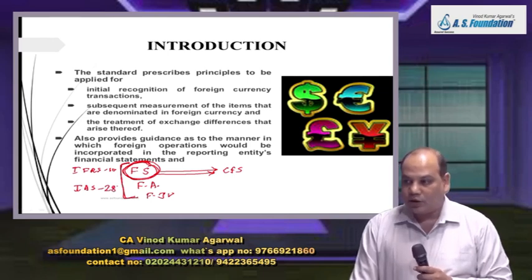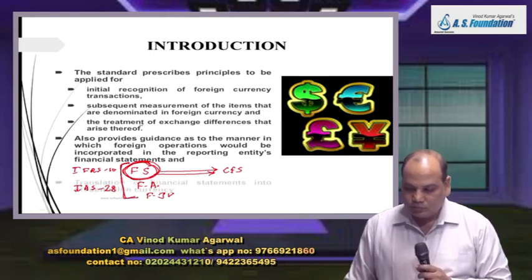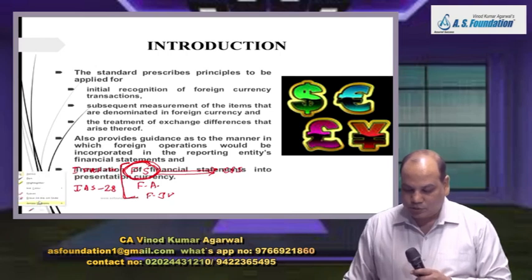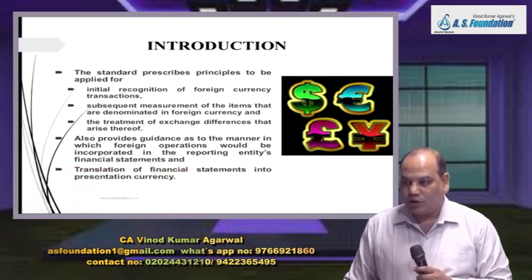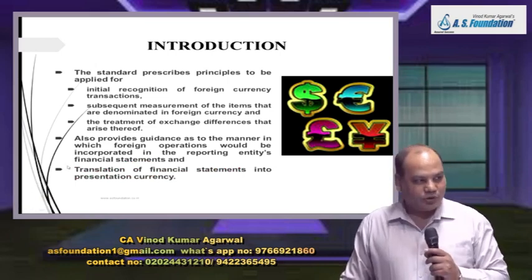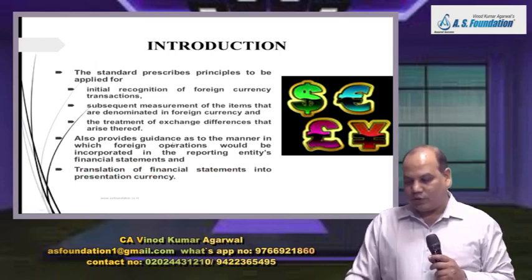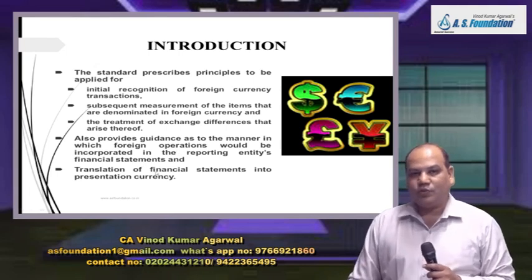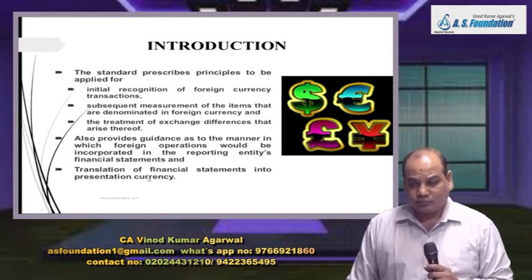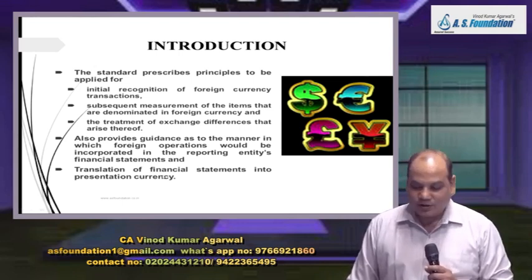But in case there are different currencies, subsidiary's financial statement is in dollar, parent company is in rupees, then this standard will apply for conversion. Okay, in this chapter we are not going to do the consolidation, we will only learn the rule of conversion. Consolidation you will study in IFRS 10 for subsidiary and IAS 28 for associate and joint venture.